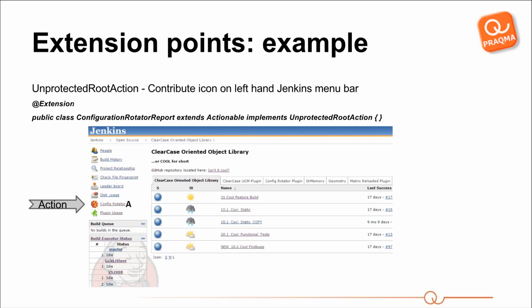That's a special case because this is an action that can be seen everywhere, and it basically provides a link with some details. But more on that later. This is just an example of what you can actually extend. As you see, blue balls, you can also have a green ball plugin that changes the colors of the balls in your Jenkins installation. And you can see that this class is marked with the extension annotation.